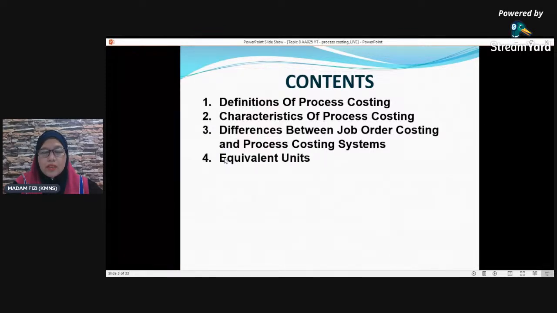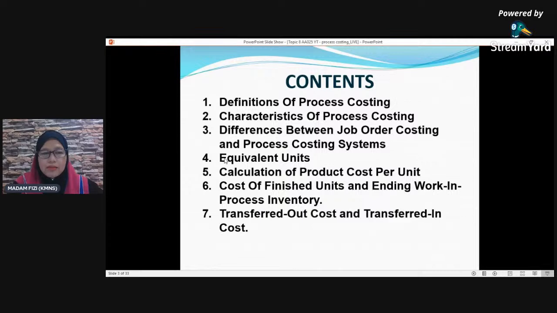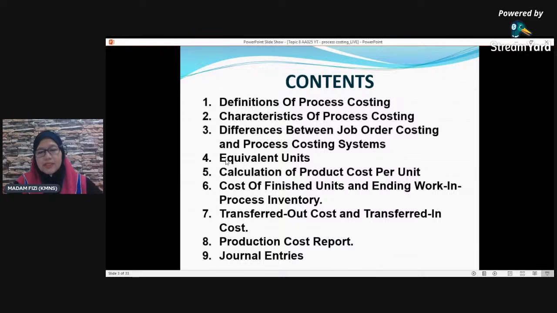Number 4, equivalent unit. Number 5, calculation of product cost per unit. Number 6, cost of finished goods and ending work in process inventory. Number 7, transferred out cost and transferred in cost. Number 8, production cost report. And number 9, journal entries.